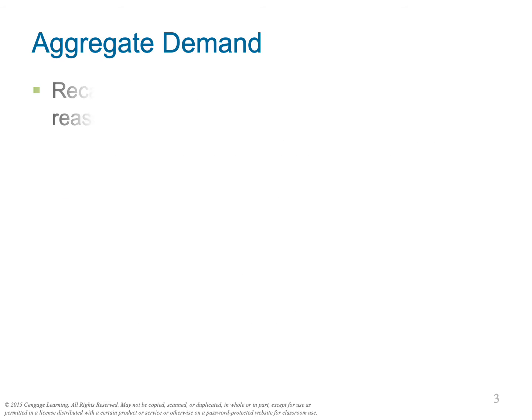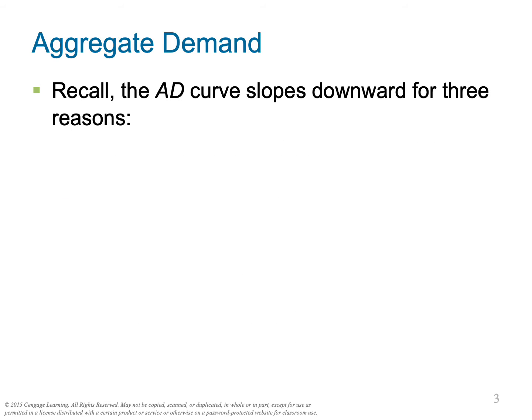So let's review the aggregate demand curve real quick. Remember that it slopes downward for three reasons. The wealth effect, right? That's because as the price level goes down, people's real wealth goes up. They can buy more with the money in their bank account if prices are lower. And so spending goes up.